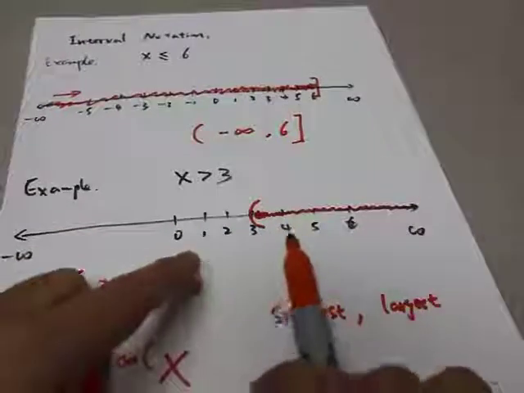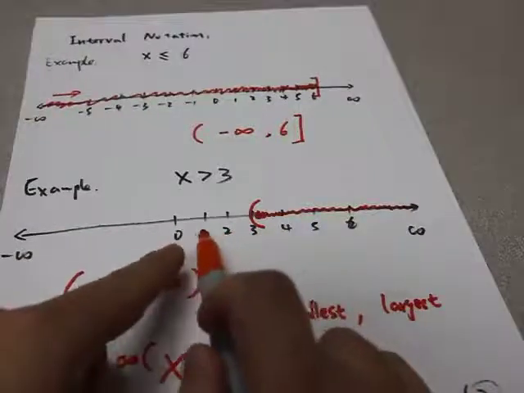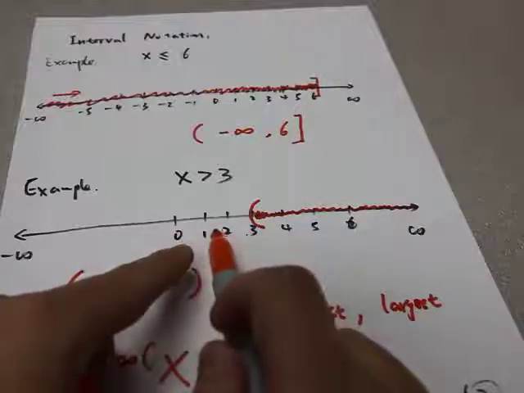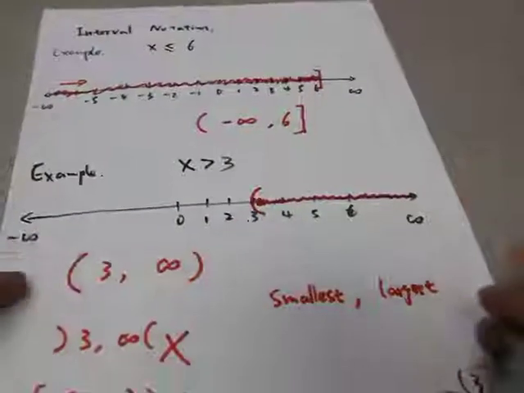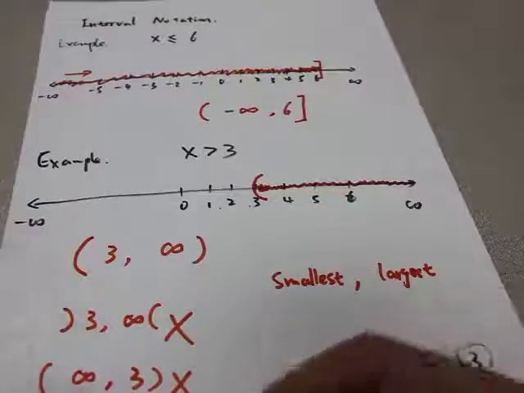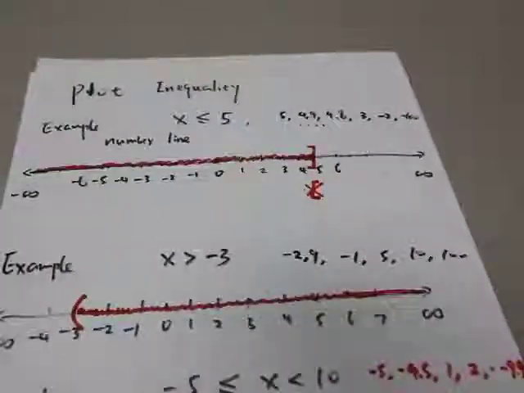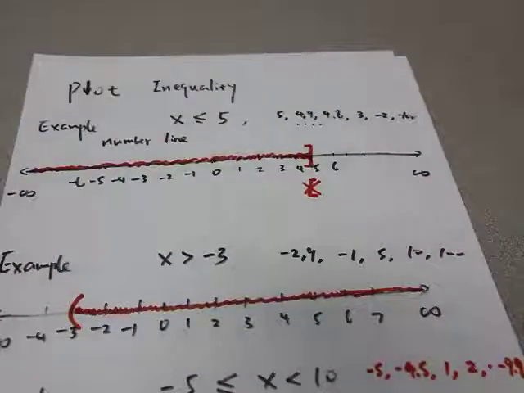So you can see on the number line, the smaller number is always on the left hand side of the bigger number, right? So using this way, if we look at the previous examples, if we want to write these three solutions using interval notation.